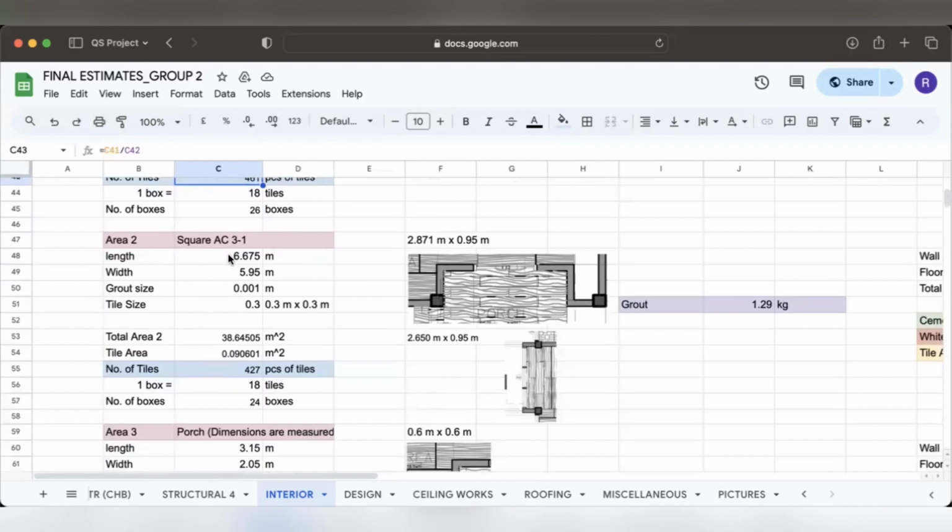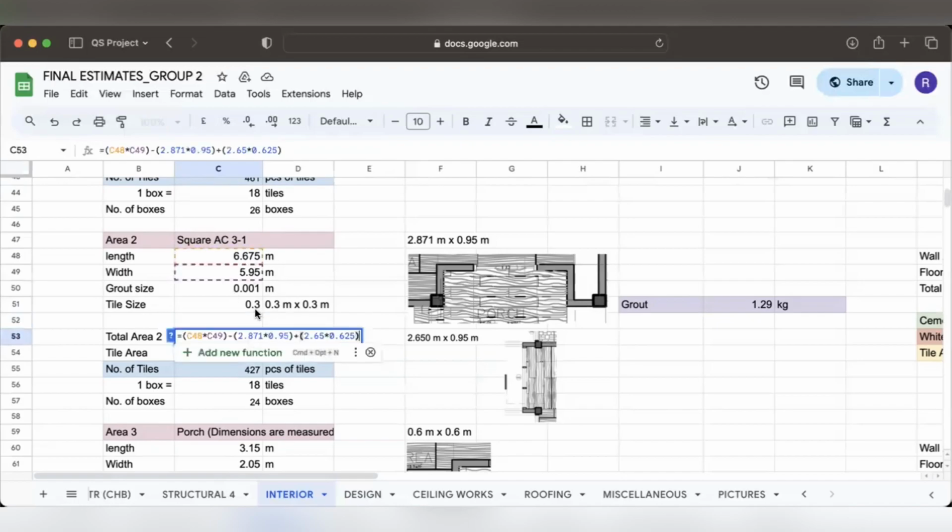Same for area 2. We have this length and width, which are 6.675 meters and 5.95 meters. The grout size and the tile size are the same. The area is equal to 38.65 square meters.